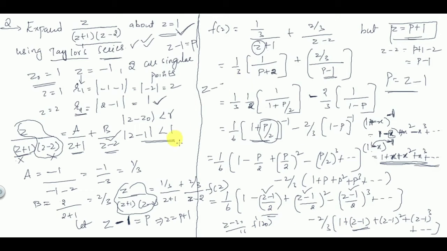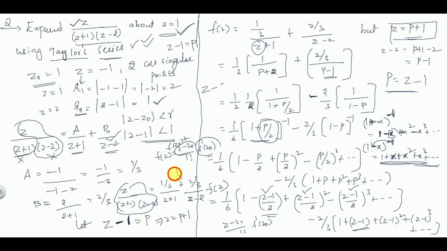So in the normal formula for f of z you have f of z naught plus (z - z naught)/1 factorial into f dash of z naught. So in order to find the z - z naught term, you have to find f dash of z naught, and finding f dash of z naught for this is somewhat difficult.